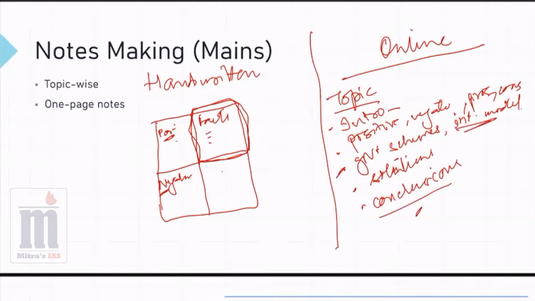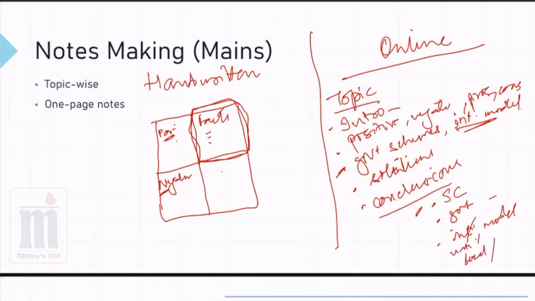You can have a positive conclusion. For example, if you're writing something in GS2, in conclusion you can mention a Supreme Court judgment, or you can give some government scheme which is implementing whatever is asked in the question, or you can give some international model. If you have discussed some problem, you can give a successful model, be it international, national, local.